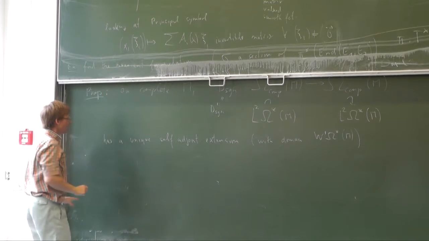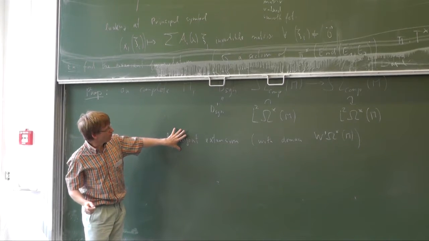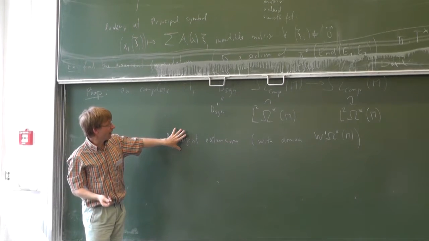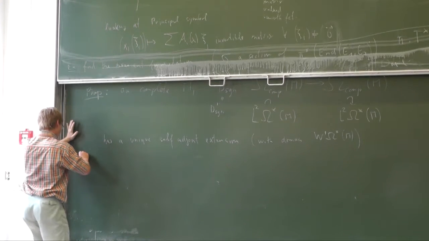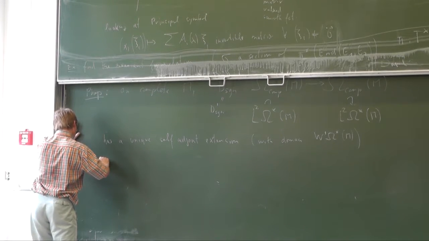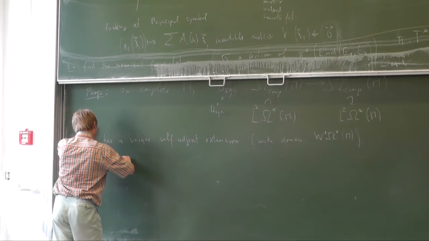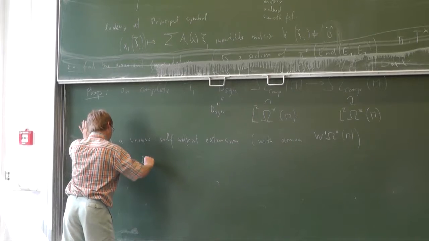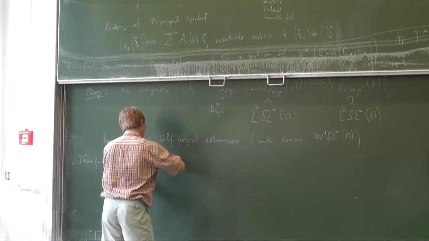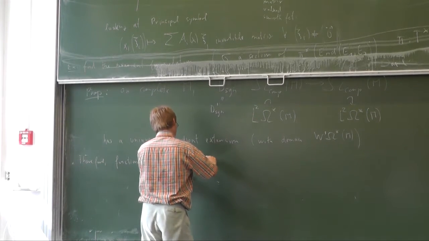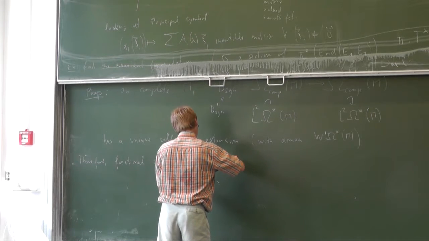That's good news because if you have the self-adjointness property, we have the functional calculus available. Therefore, functional calculus is available.